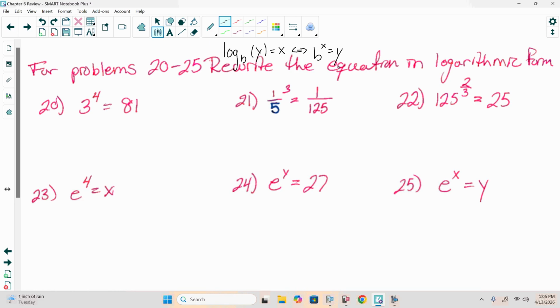So for 20, 21, and 22, since the base for all 3 of these is not e, we're going to start off with log. Now the base of number 20 is 3. So it'd be log base 3 of what? 81 is equal to 4. Now log base 3 of 81 equals 4 is nice because we can check this.